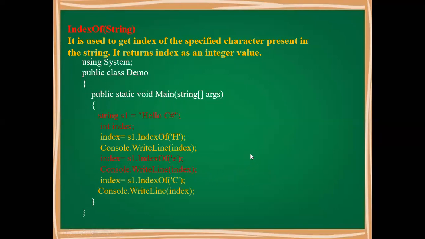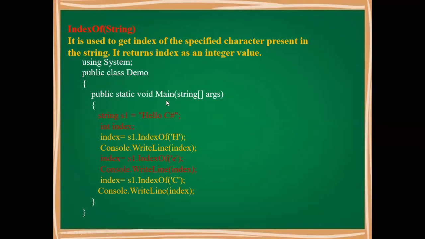Then again, the same example we are carrying forward: s1.IndexOf('C'). Now here you need to be careful while we calculate the index number of C. We are not calculating, we are just reading that one. So H is our 0th position, E is first, L is second, this L is third, the index of O is 4, and the index of C is 5.